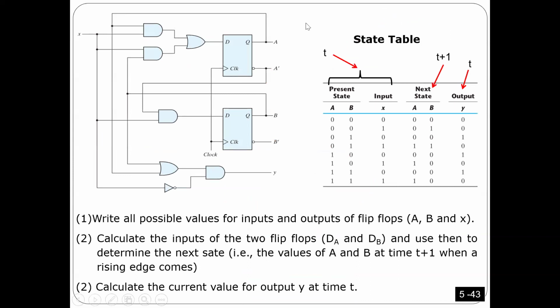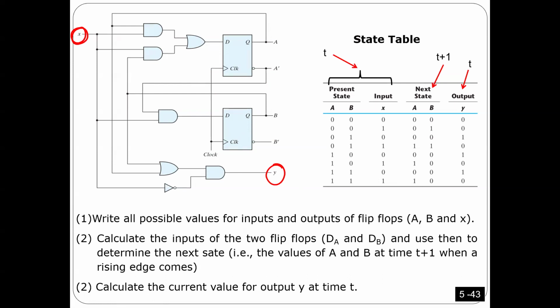In this example, as you see, we have two D flip-flops. As I told you before, the two are connected to the same clock, and this is actually what we do even if you have a big circuit. All of them use the same clock, otherwise they are not synchronized. Then we have one input, which I'm going to call X, and one output, which we call Y. How many states can you have here?